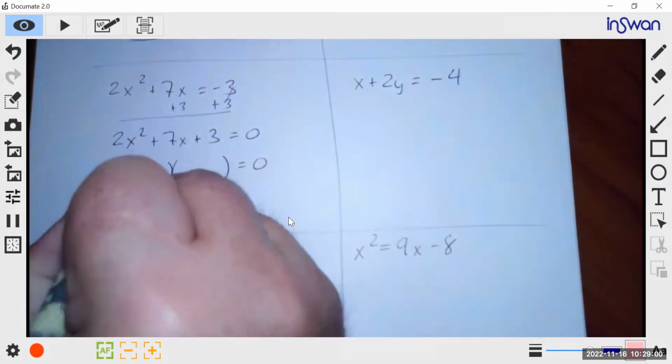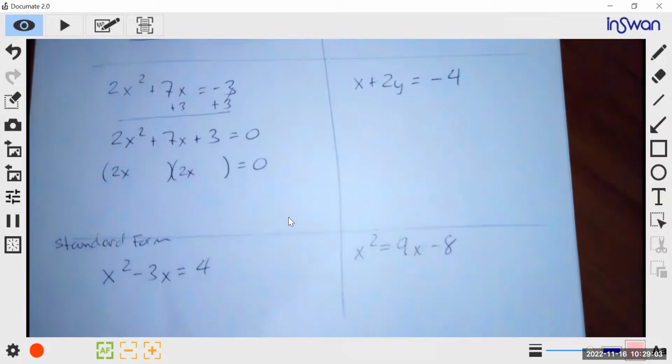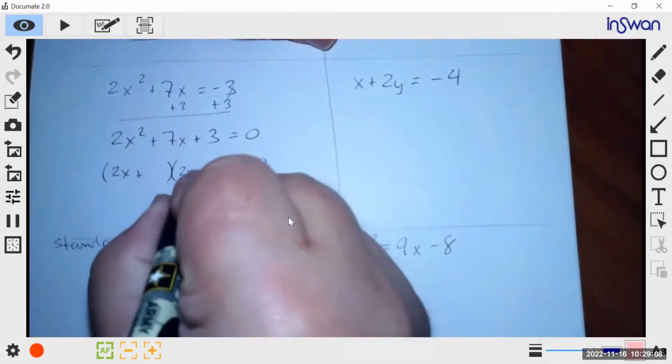So we have 2x and 2x. What signs go in there? They're both positives.